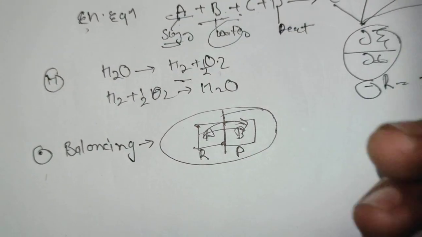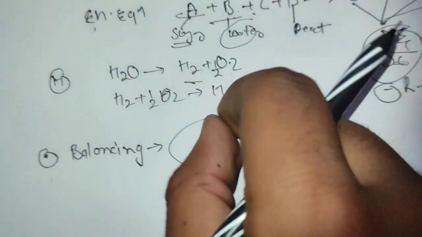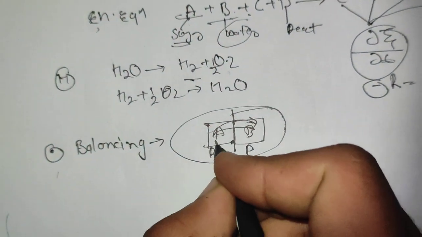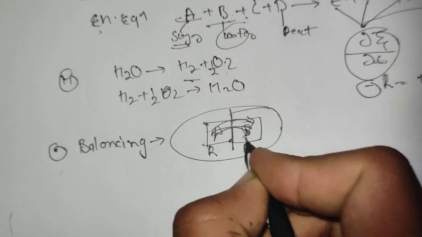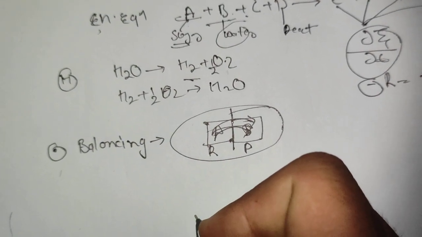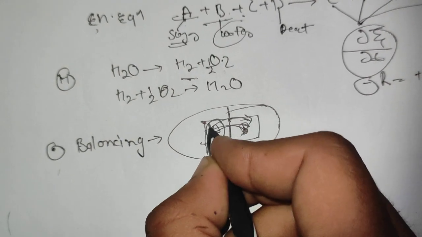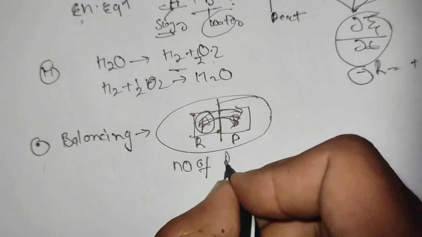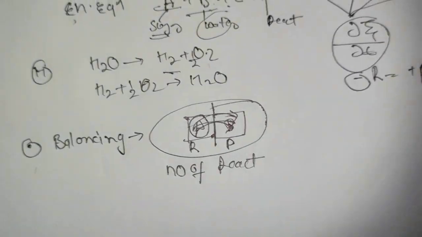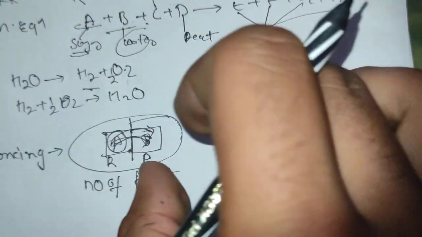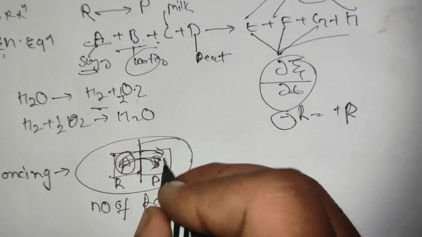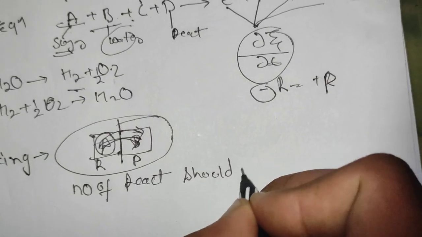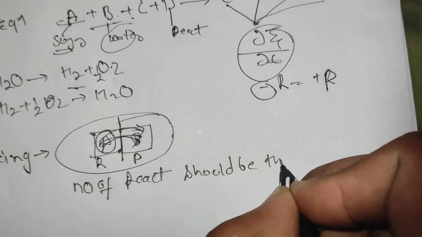And we are not adding extra reactant or product; everything happens in the same way, the reactants are converted into product. So in this case we can say that the number of reactant atoms should equal the number of product atoms, because the product is formed from the reactant.